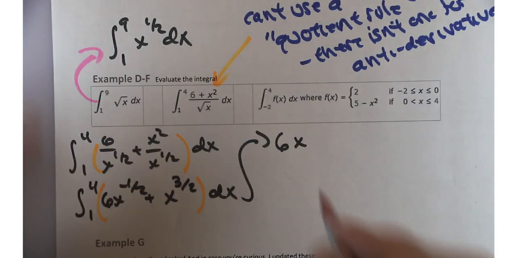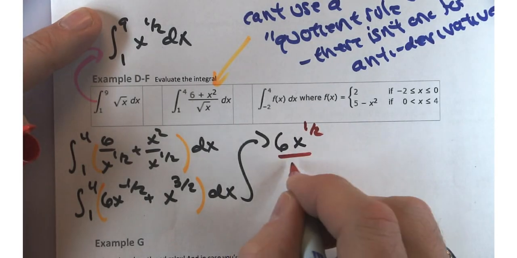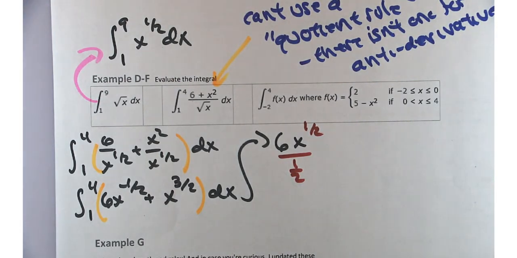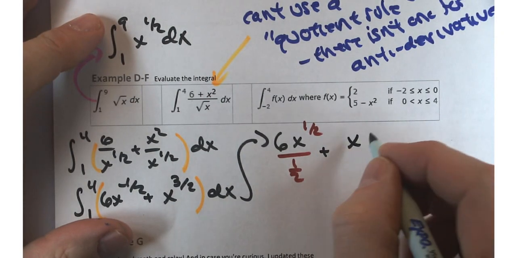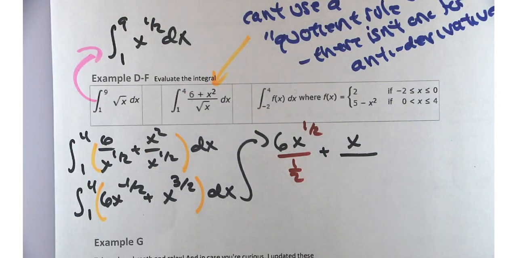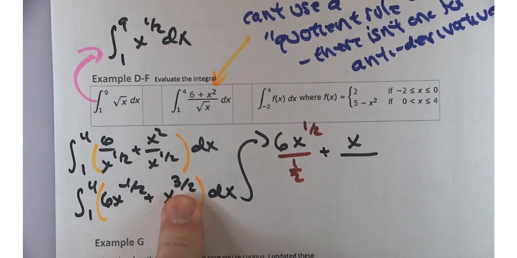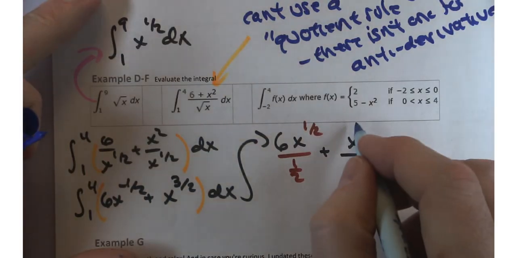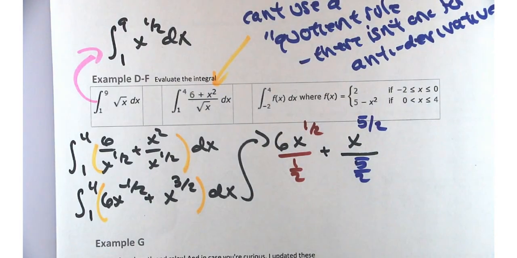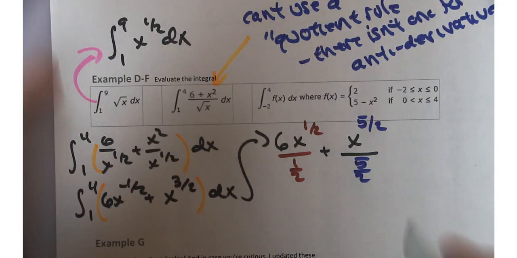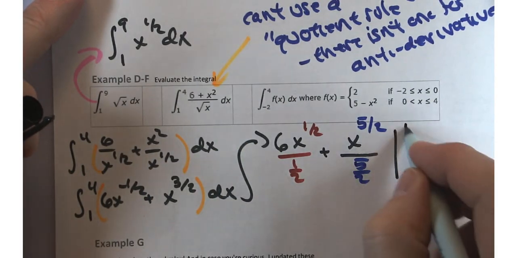Positive 1/2, divided by 1/2, plus x to the 5/2. 3/2 plus 1 is going to be 5/2, so I'll put a 5/2 here and a 5/2 here. And finally, that's going to be between limits of 1 and 4.